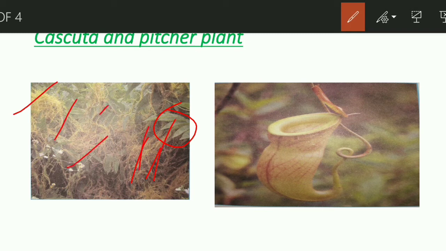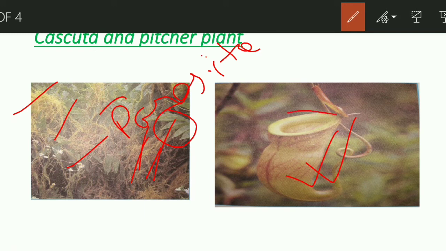So it is a parasite. What is it? It is a parasite. Okay, and this is the insectivorous plant known as the pitcher plant. I said that there is a lid on it which covers the pitcher, and this pitcher is actually the leaf of the pitcher plant which gets transformed into the pitcher.